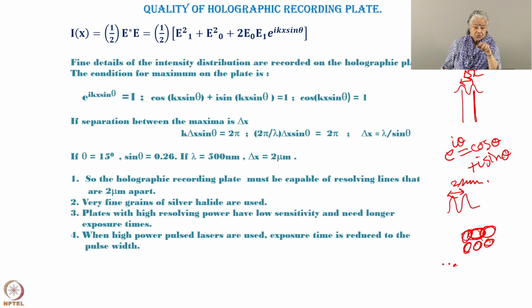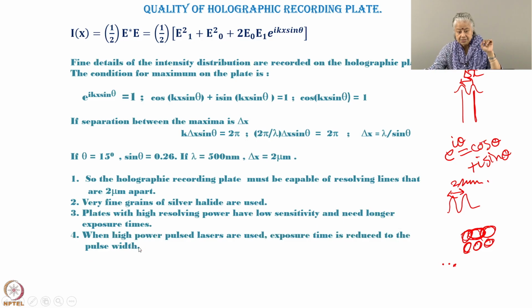So, if you want a better sensitivity, you have got the resolving power, but it isn't that sensitive because they are fine grains. Then you need to expose it for a longer time. Sometimes high power lasers, pulsed lasers are used, where the exposure time is reduced to the pulse width.